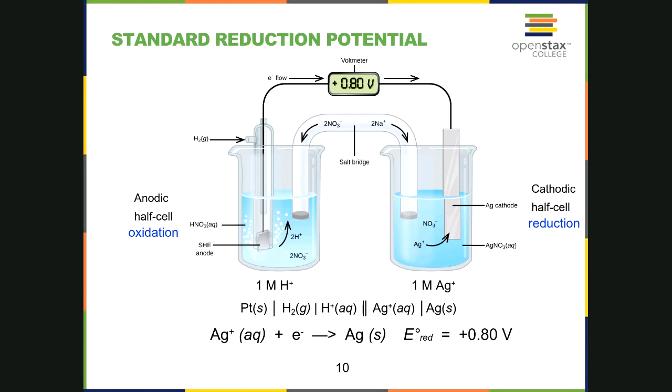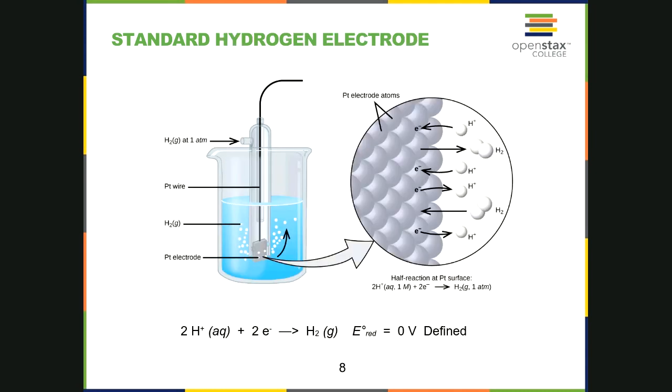Talk or type? I was going to say, why is it 0 volts for the one on slide 9? I was trying to get it, but I don't think I got it. It's because we've just agreed that that's what it's going to be. Who agreed? The scientists. Oh!